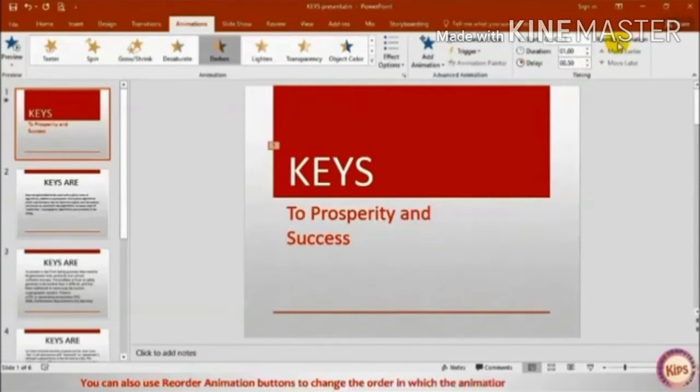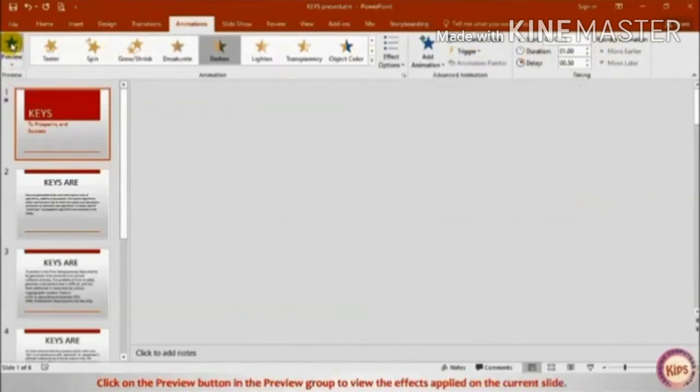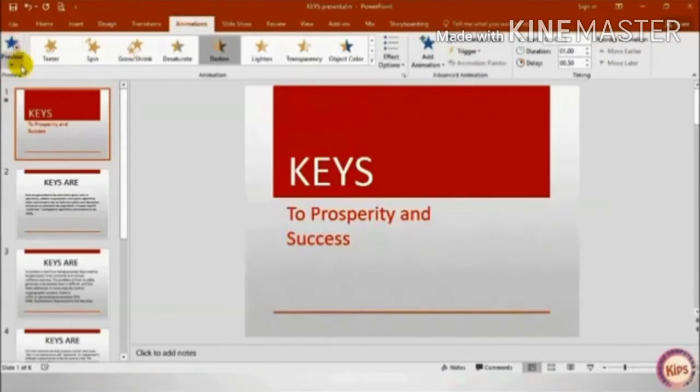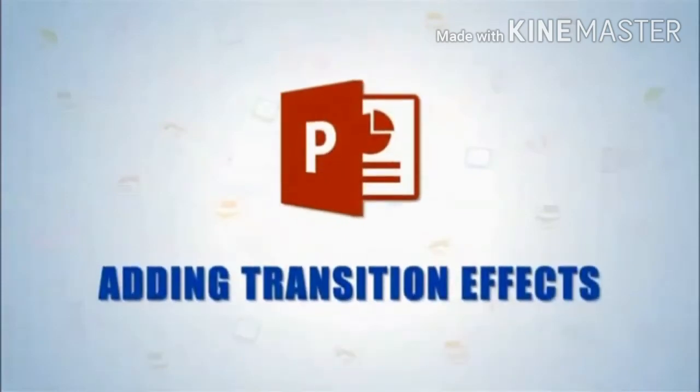You can also use the reorder animation button to change the order in which the animation effects occur. Now click on the preview button in the preview group to view the effect applied on the current slide. In this way you can check your slides.